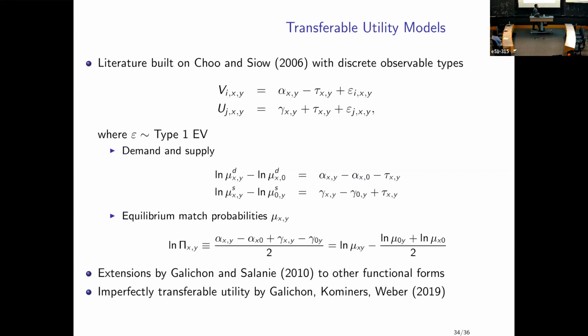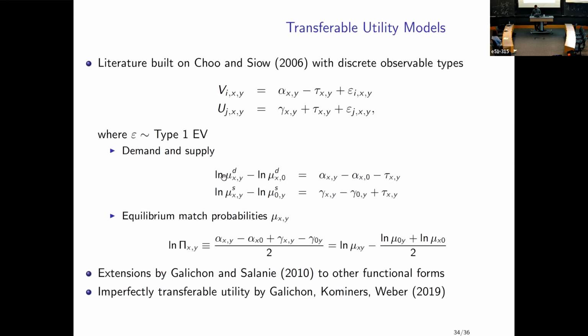Okay. Now, conditional on the transfer vectors, you can come up with the demand function and the supply function, if you wanted to couch it in terms of demand and supply. So at the transfers tau of xy, what is the proportion of agents of type x of side i that want to be matched to type y?